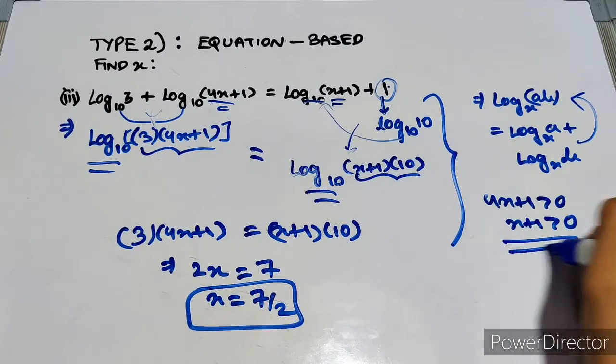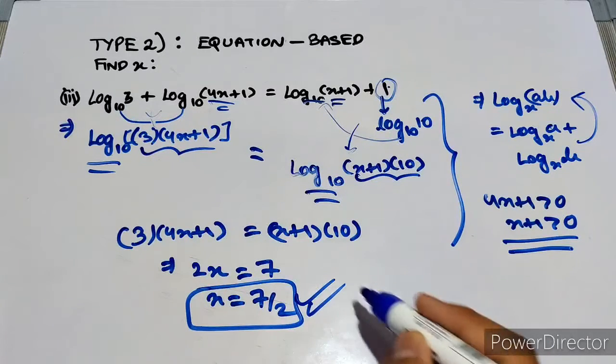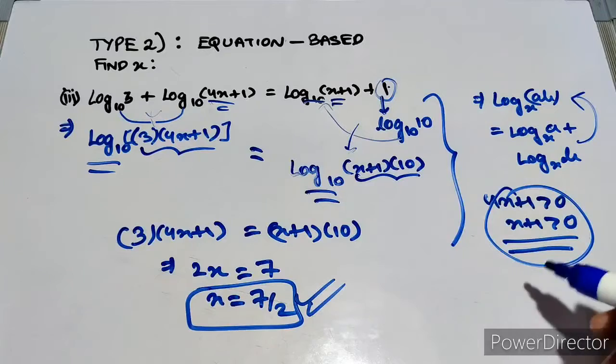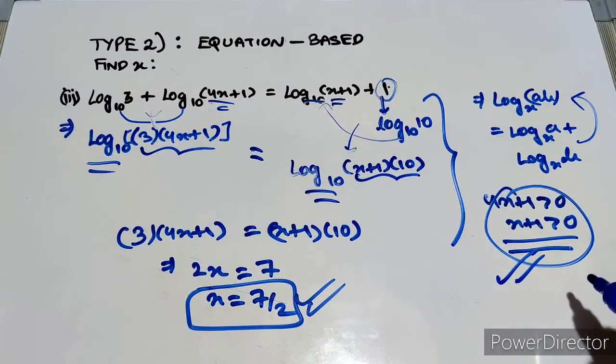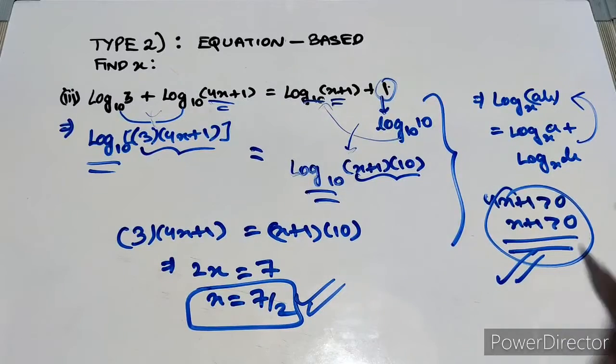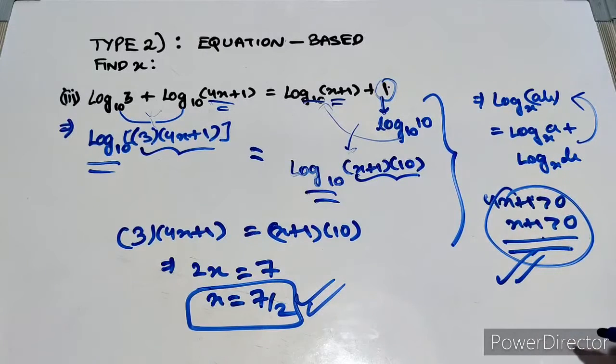This thing is useless for a linear type of question because it will always give a correct solution, but in a quadratic it may give us 2 solutions and the answer is only 1. So we have to eliminate the other one by using these 2 conditions. Okay, I think you got it. We have to just do argument greater than 0 in both the cases, and then take the intersection of both of these, and this will eliminate one of the values of x if 2 values are coming out.